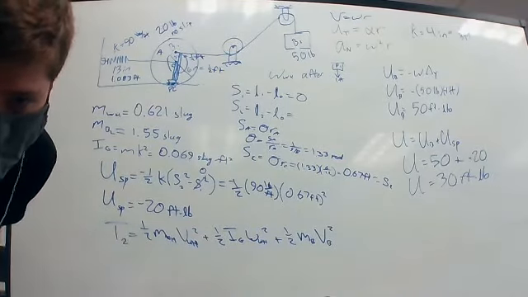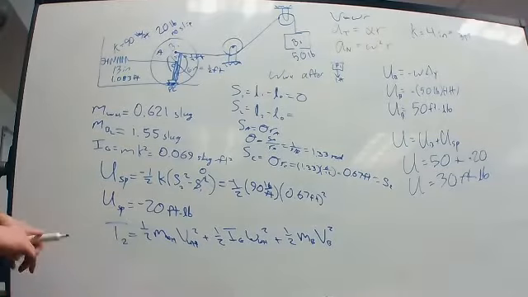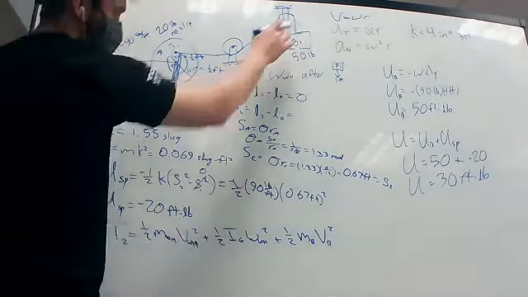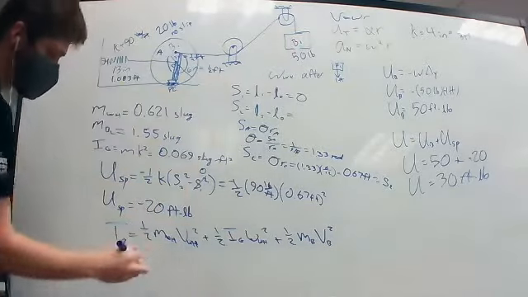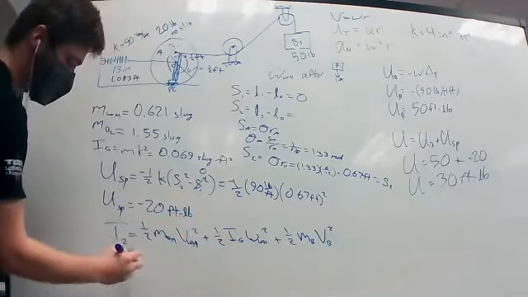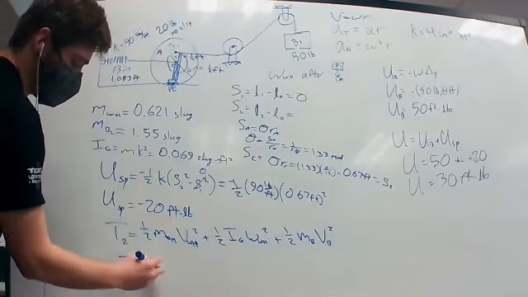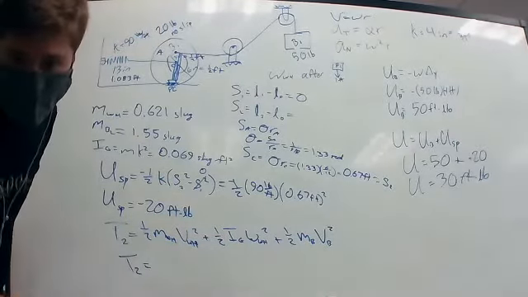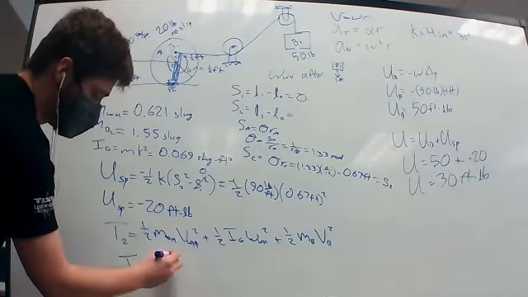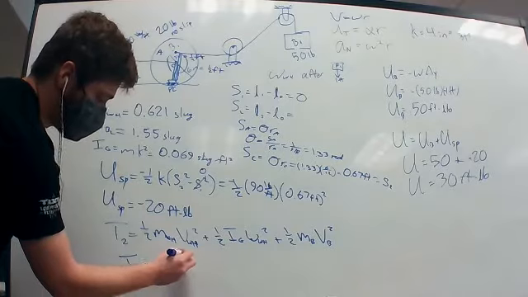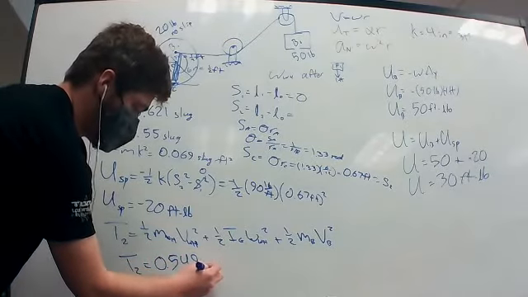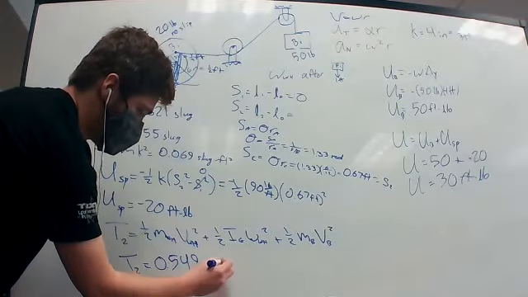You solve all of that, and I'm running out of space, so I'm just explaining that V is omega R, that's how that comes, and you would plug in everything we know, the mass, the IG, the mass, and you'd say T2 can be written as 0.549 omega of the wheel squared.